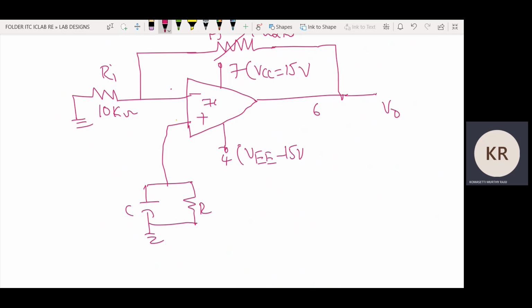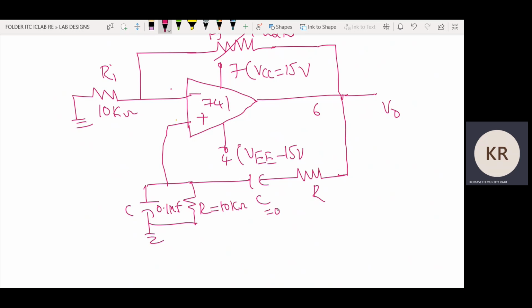This is the 741 op amp. That parallel combination is connected here to the capacitor C, and here the series resistance. The output of the series resistance is connected here. This is the output. The C value is 0.1 microfarad and the R value is 10 kilo ohm.